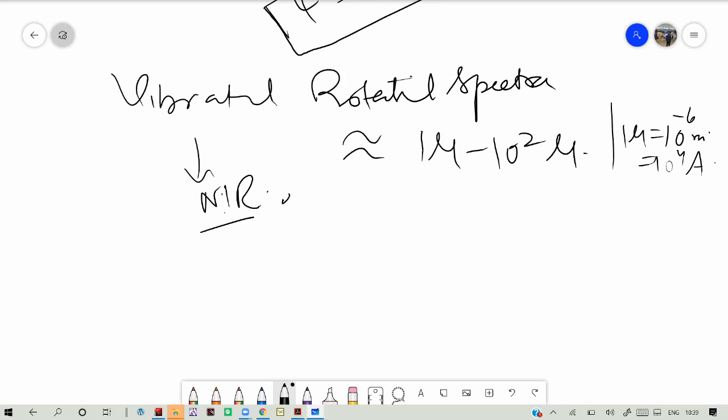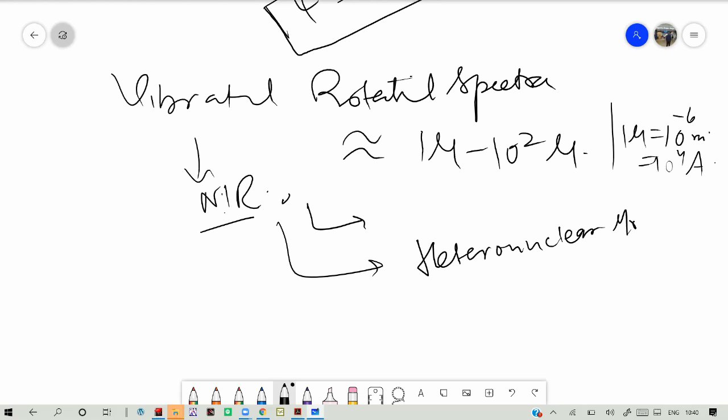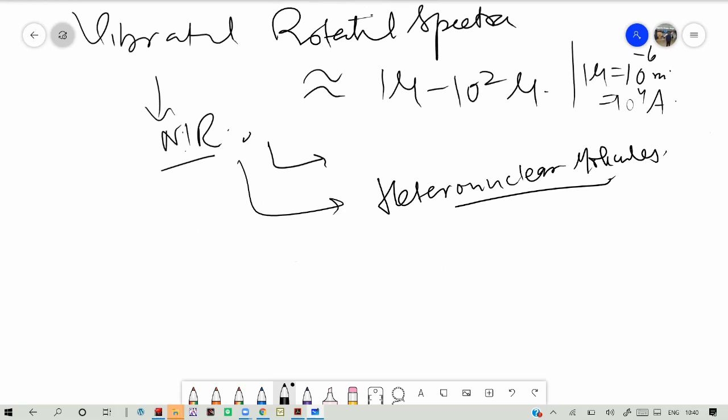So in molecular spectra this is observed as bands: absorption bands and emission bands. And vibrational rotational spectra are only observed for heteronuclear molecules. So homonuclear molecules do not produce vibrational rotational spectra.